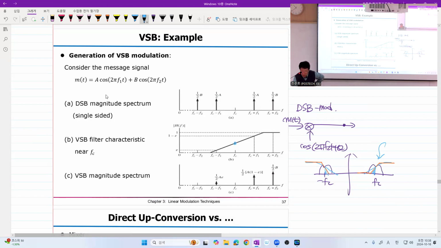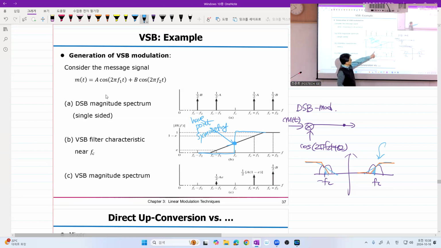What is interesting is that, from SSB, you wanted to have some shape like this, right? And now, what's the commonality between these two figures? They have a point symmetry with respect to this point, right?